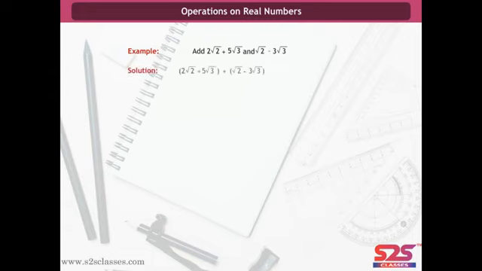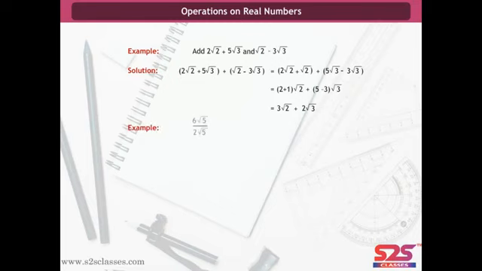Solution: 2 root 2 plus 5 root 3 plus root 2 minus 3 root 3 is equal to 2 root 2 plus root 2 plus 5 root 3 minus 3 root 3, which is equal to (2 plus 1) into root 2 plus (5 minus 3) into root 3, which is equal to 3 root 2 plus 2 root 3.